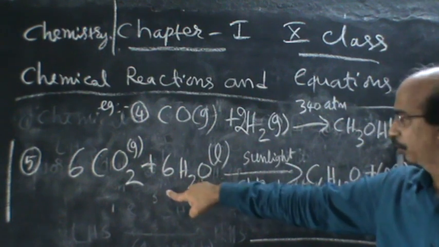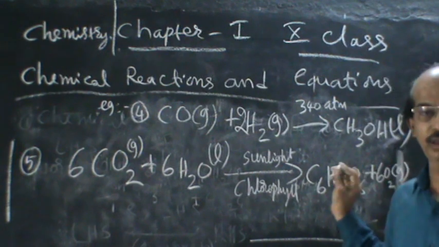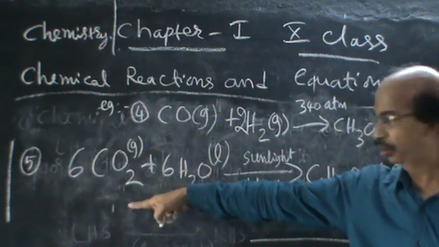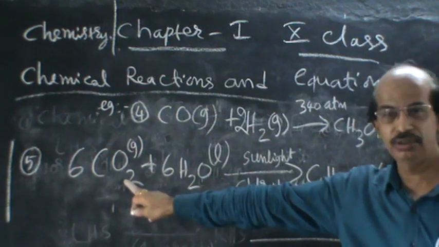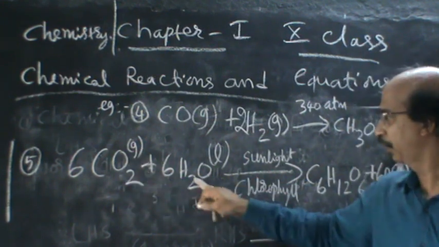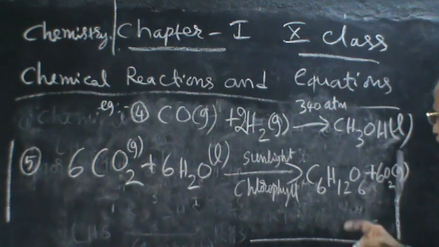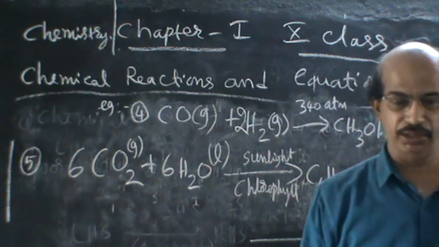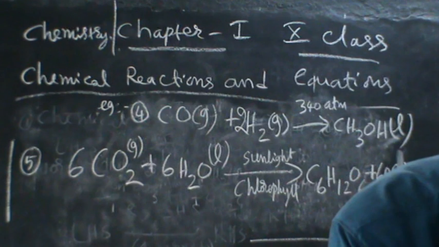In the textbook it is a little bit difficult and lengthy, because they have written water molecules on the left-hand side and right-hand side, which is more difficult for you. This is very easy. See, 4 things are needed. Photosynthesis always needs 4 things: one is carbon dioxide, second is water vapor, third is sunlight, fourth is chlorophyll. You must mention the states in brackets: gas, liquid, like that.